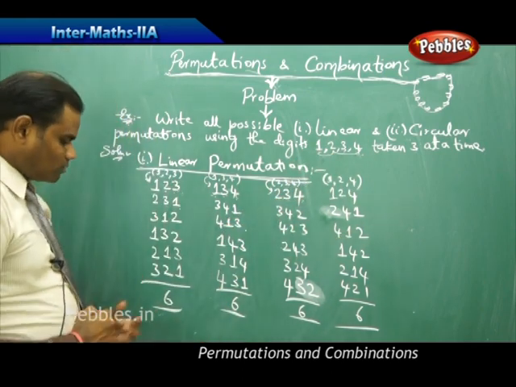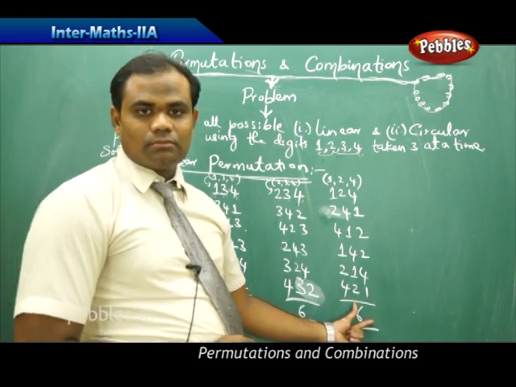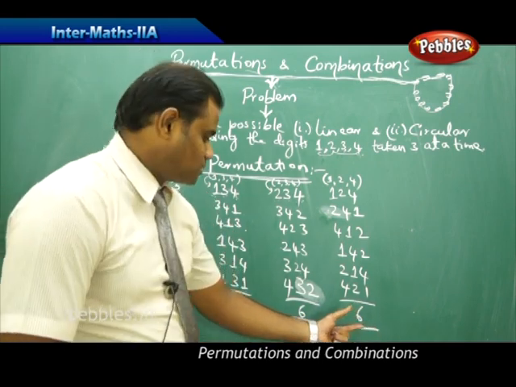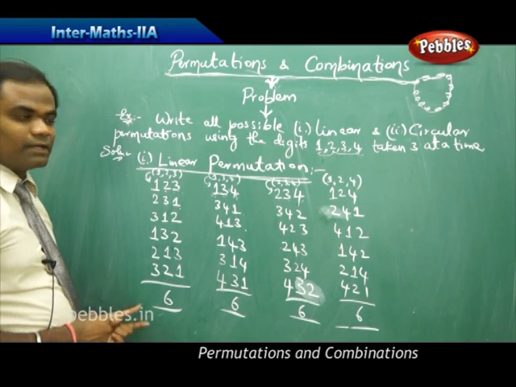Now as I see here, the total number of permutations possible is found by adding each of them.